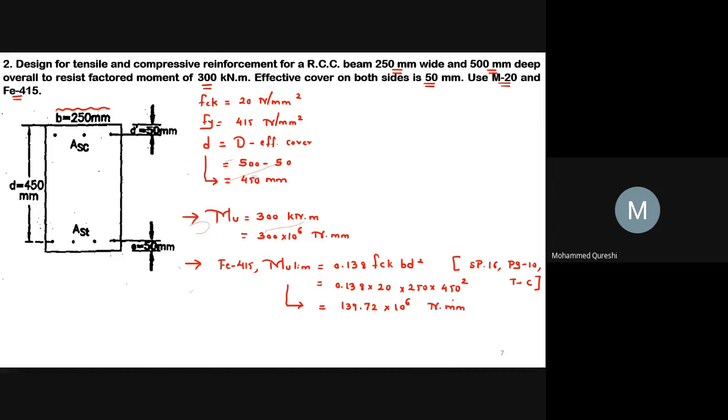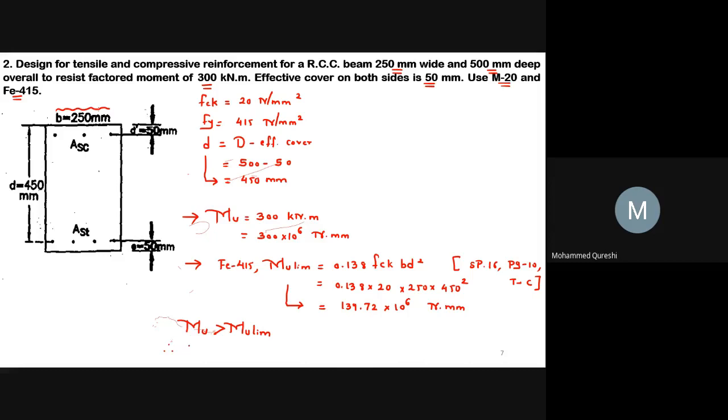Now, we will check whether the beam should be designed as a singly or doubly RC beam, and for that we have to check whether Mu is greater than Mu limit or not. And here the value of Mu, that is 300 into 10 raised to 6, is greater than Mu limit, 139.72 into 10 raised to 6.